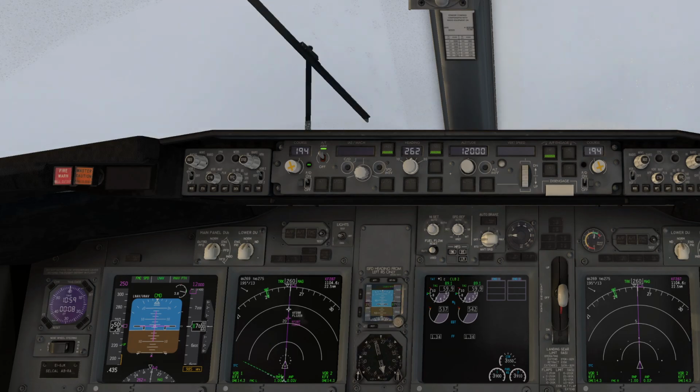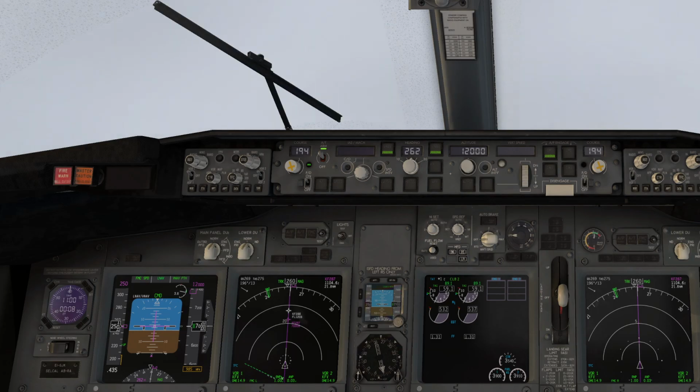And after that we can climb to our cruising of flight level 320. So 21 nautical miles to the waypoint Kilo Foxtrot 287. That's our 7,000 feet restriction.